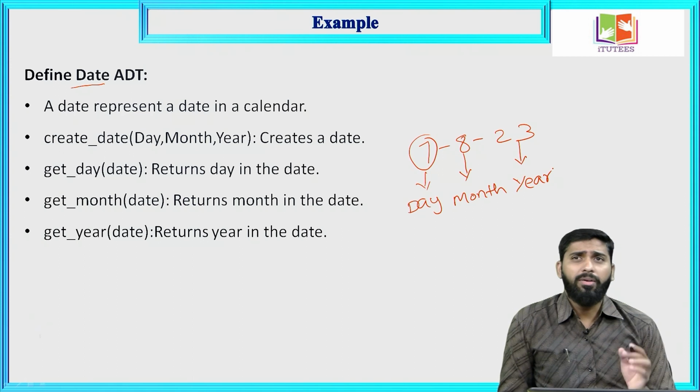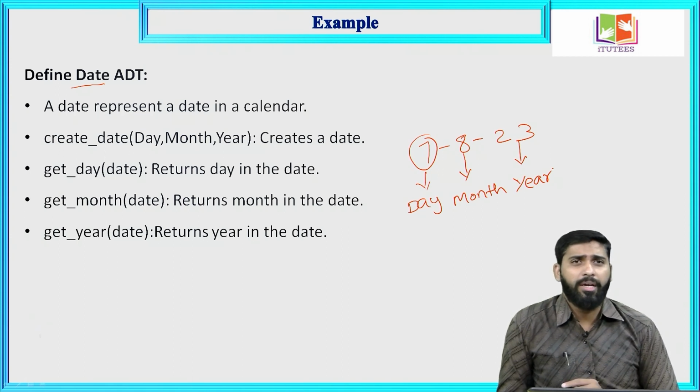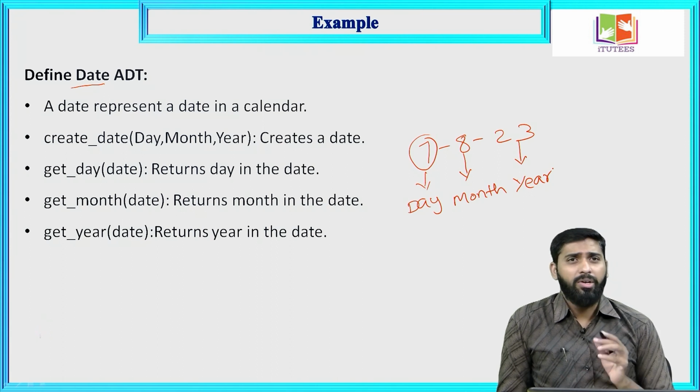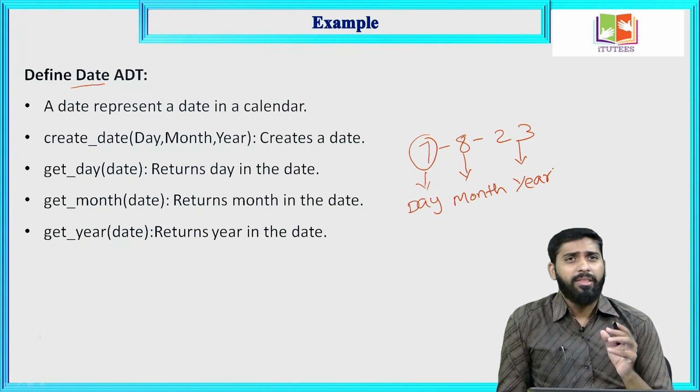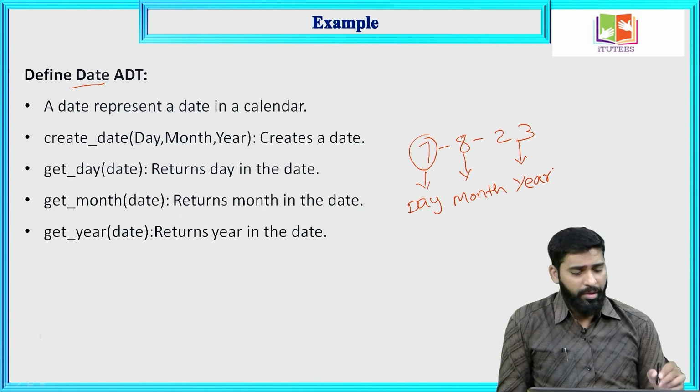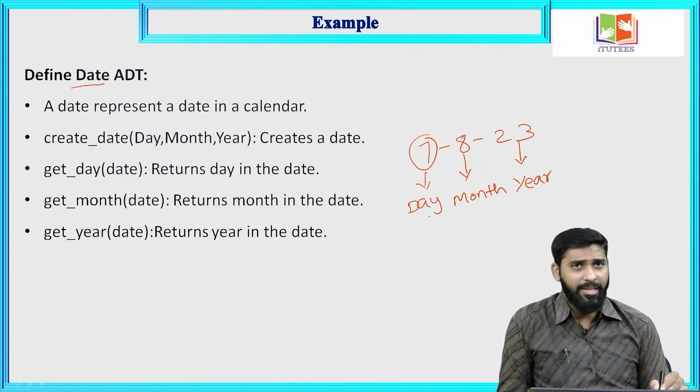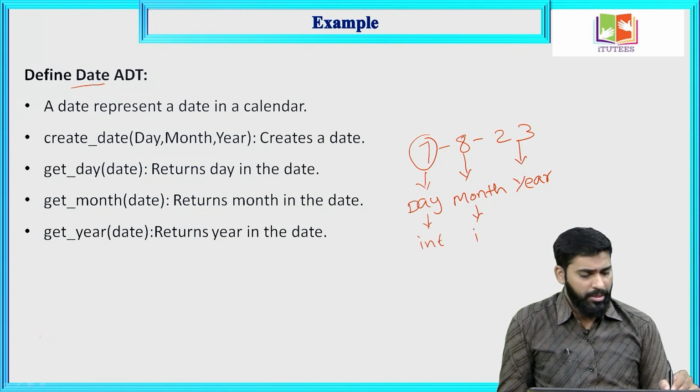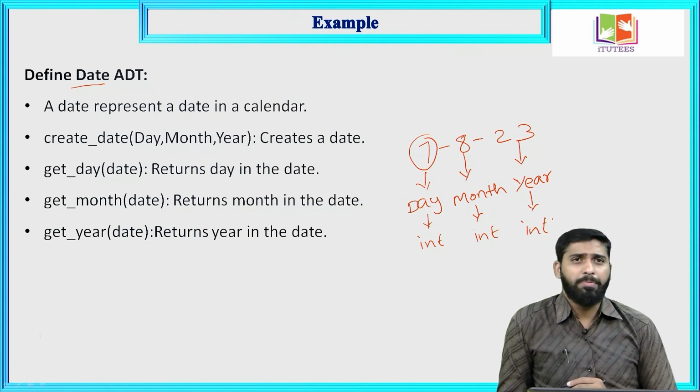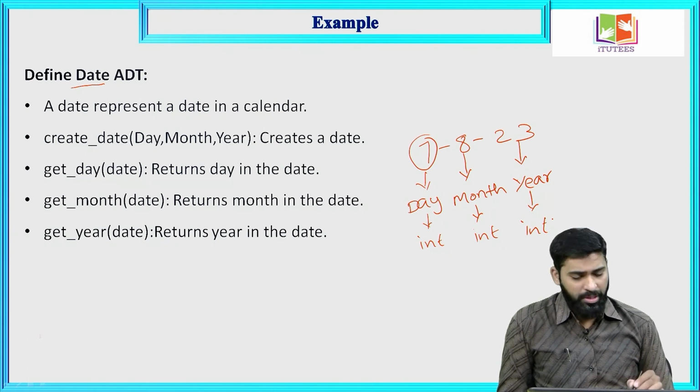Now we are going to create one abstract data type whose name is date. In this, the data types are integers: the day is an integer, the month is an integer, the year is an integer. So what is an abstract data type? In C, we implement the abstract data type using structures.